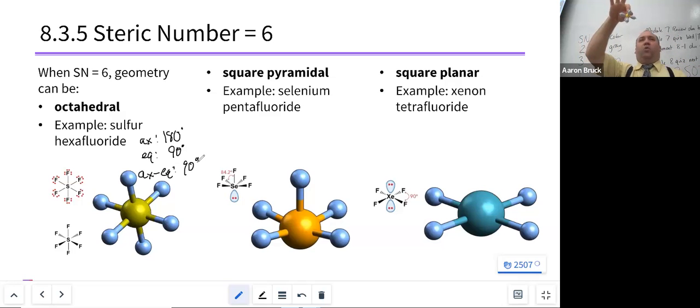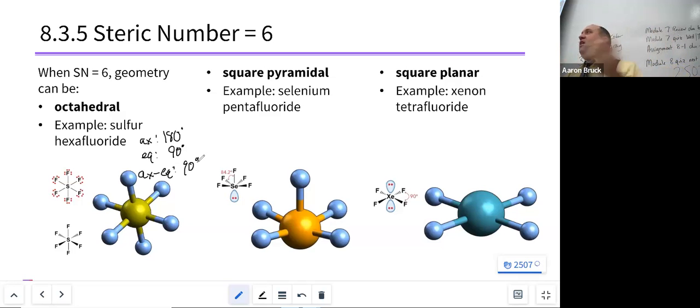Just grab your octahedral shape, grab any other lobe on that shape. You're going to come up with the exact same structure, the exact same look every single time. All 6 positions are equal. So when we have bonds in all those positions, it's called octahedral.